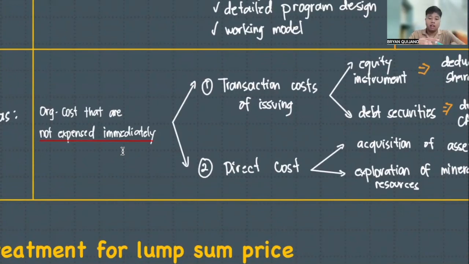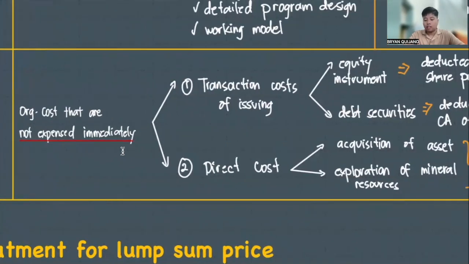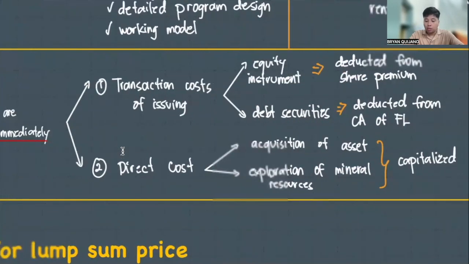But there are scenarios wherein you will not recognize it as an outright expense. First, if the organizational cost is to be considered as part of transaction costs for issuing an equity instrument or debt instrument. The transaction cost for the equity instrument should be deducted from the share premium.